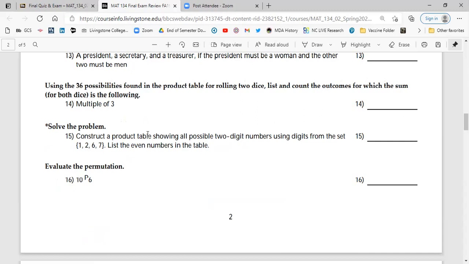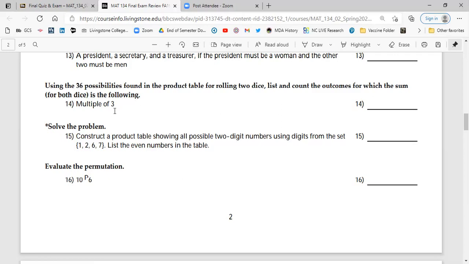All right, how about 14? Using 36 possibilities found in the product table for rolling 2 dice, list and count the outcomes for which the sum for both dice is a multiple of 3. Any questions with 14?